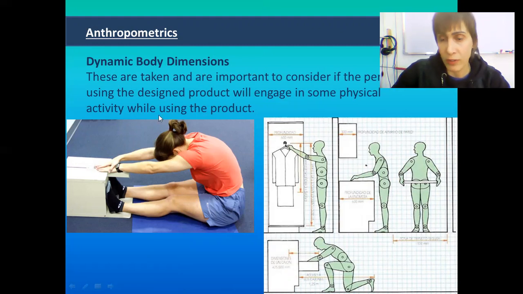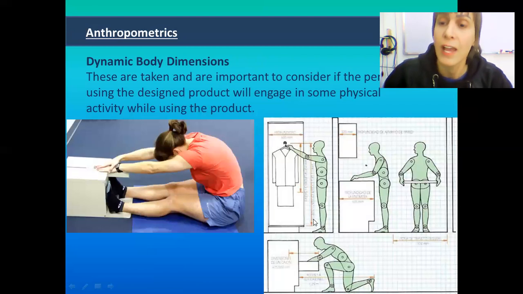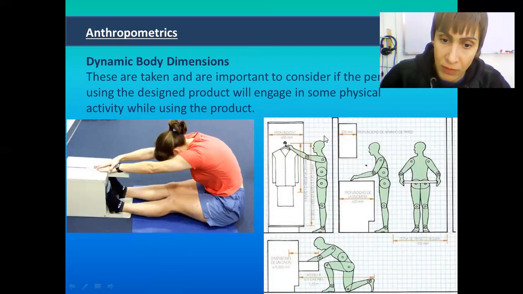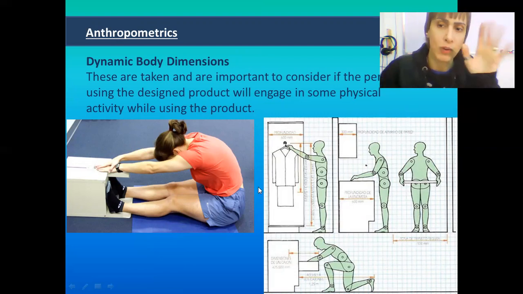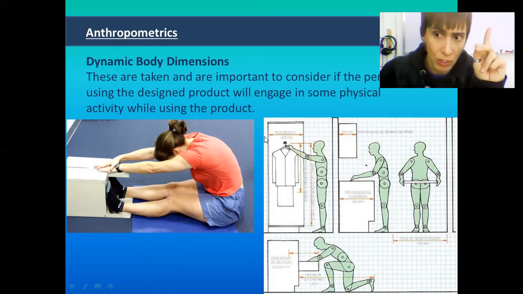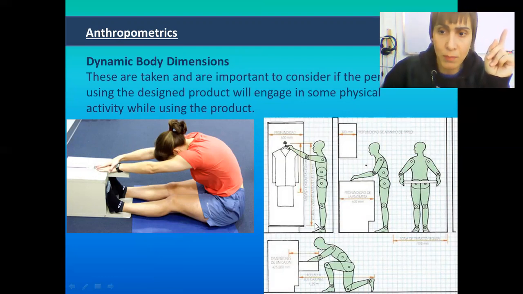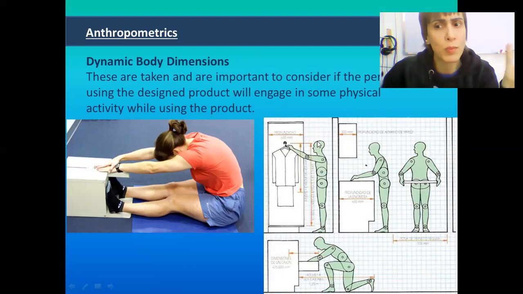The dynamic body dimensions, as we already said, are the person while in movement. So in a lot of designs, designers actually draw simplified, abstract versions of the person that use the correct proportion measurements of the target group of people, like from here to here, for example, the height. So I'm designing for male only, so I have to use the male body dimensions. And for whom am I designing?